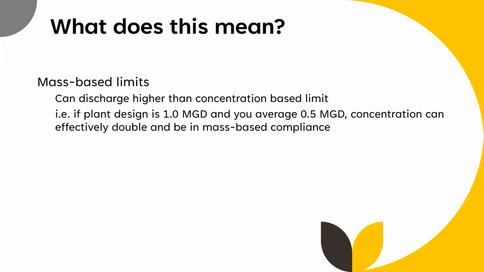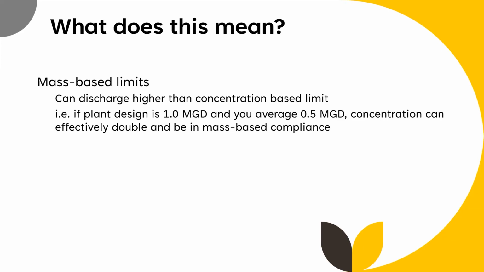If you have a plant designed at 1 million gallons per day, and you're putting out 500,000 gallons per day, the concentration can essentially double and you'll be in mass-based compliance. So you could put out total nitrogen of 20 milligrams per liter, assuming you didn't have a limit related to nitrate or a drinking water MCL, and be in compliance with that mass-based limit.